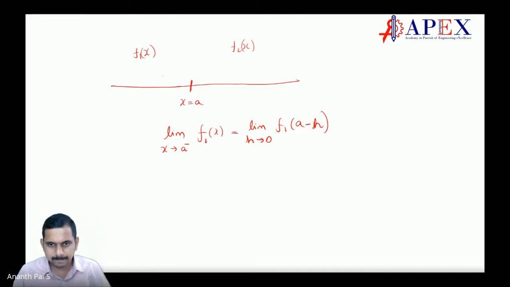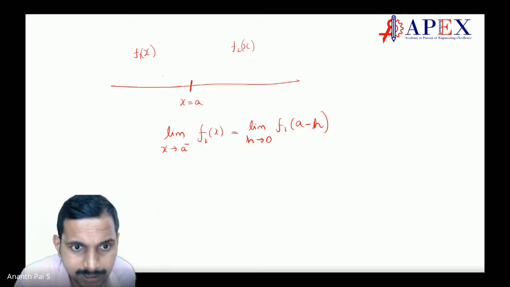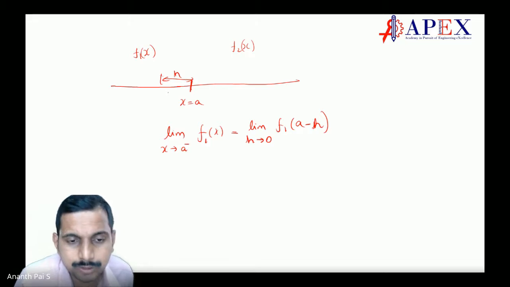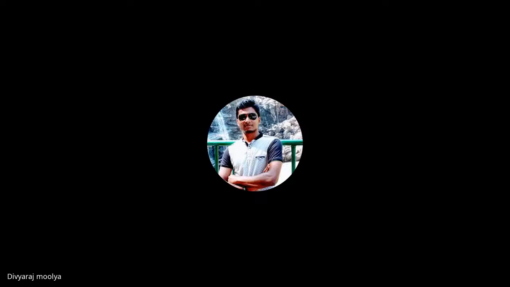Since a is bigger and h is smaller, so a minus h, right? H is a distance. I am subtracting h from a. We are coming from the left hand side, the negative side, so minus h because it is on the lower side of a.